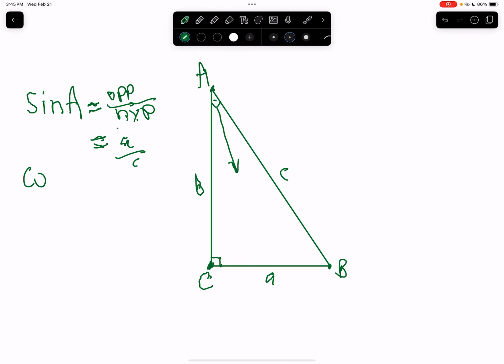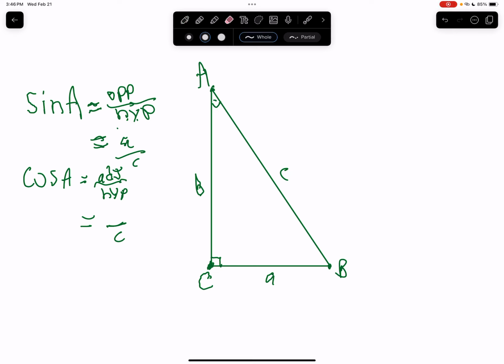The cosine of angle A is equal to the adjacent side to angle A over the hypotenuse. Obviously the hypotenuse is this little c, but on top, the adjacent for the cosine of angle A is not the opposite side, which is the little a, as we pointed out before, and it's not the hypotenuse, so it must be the b.